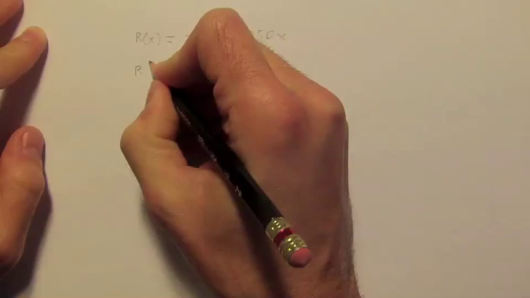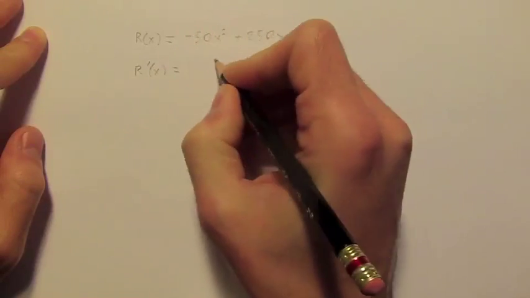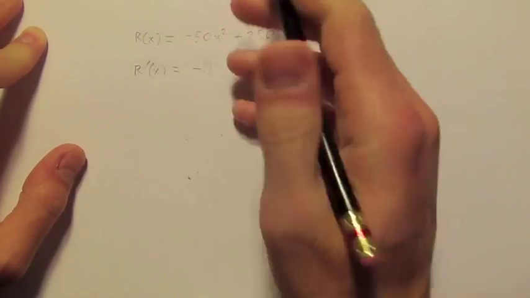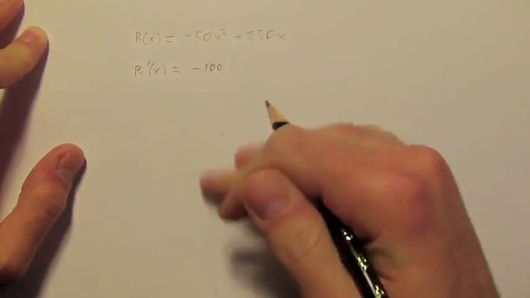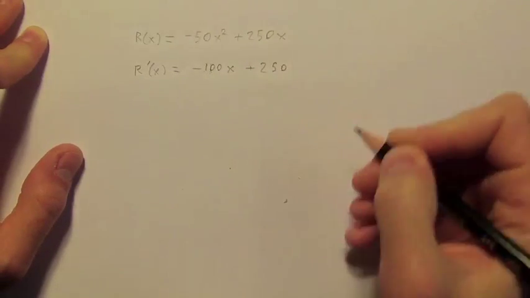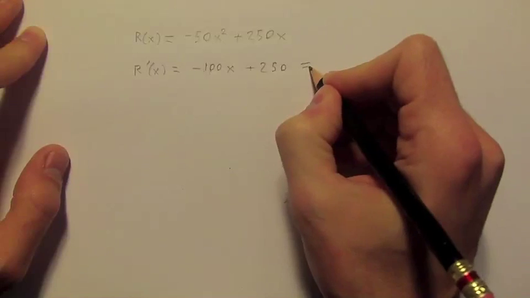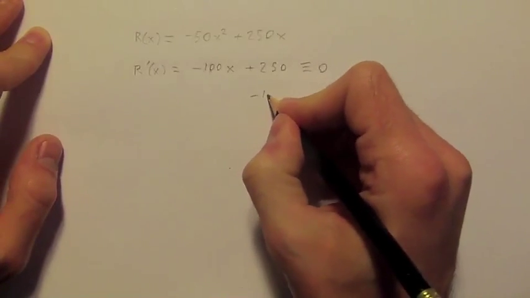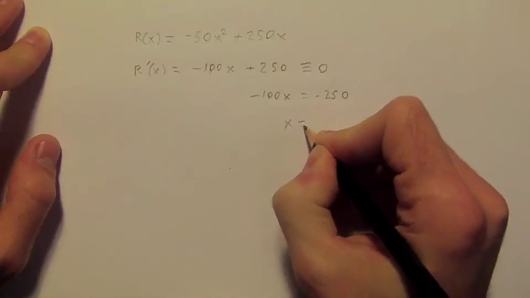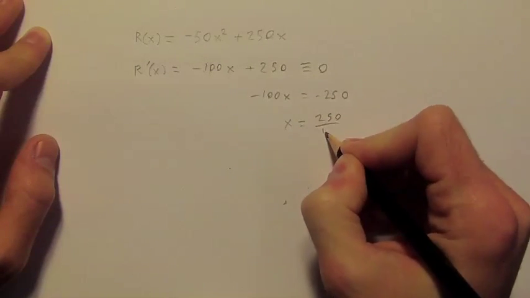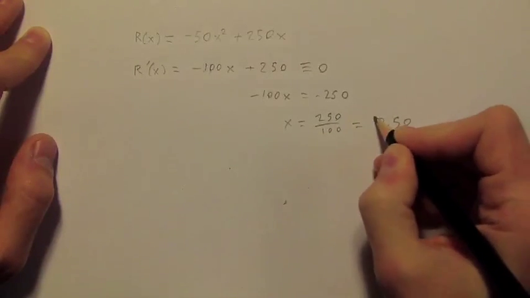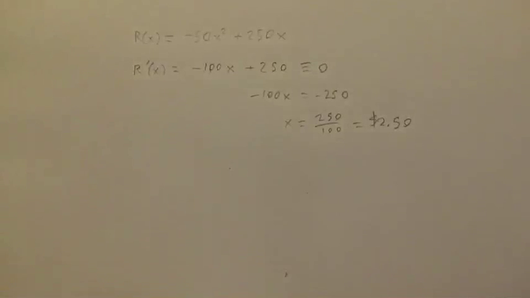Okay, so we'll take the derivative. We'll get negative, sorry, not 200, negative 100x plus 250. Okay, so to find the critical points, we set this equal to 0. I get negative 100x is equal to negative 250. So x is equal to 250 over 100, which is basically $2.50.